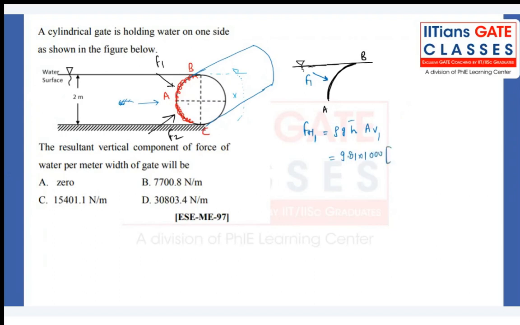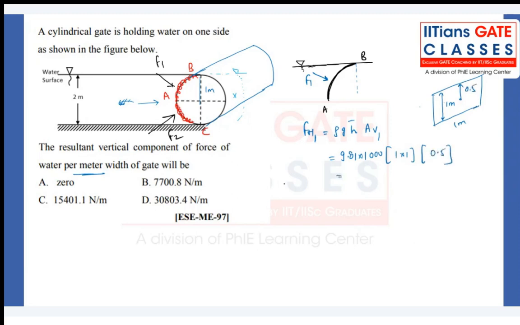If you just project it, you will get a rectangle like this, where h for this case is my radius. My radius is 1 meter, and the length is given as 1 meter. So my area will be 1 into 1. What is my h bar? H bar will be, as we have discussed, 0.5, that is h by 2.